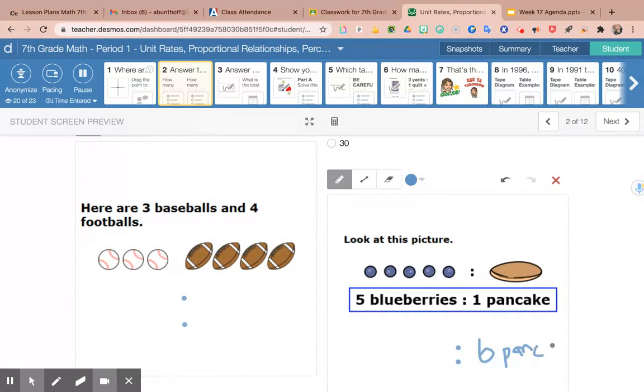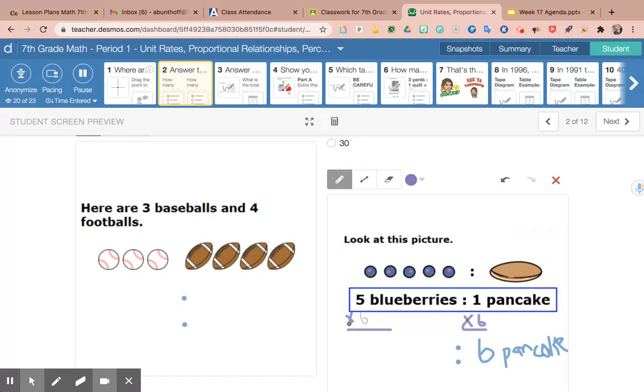Well, I can add this 1 6 times, or it's simply faster to multiply. So one pancake is 5 blueberries. So to go from 1 to 6, I multiply by 6. So whatever I do to one, I do to the other. So I'm going to multiply the number of blueberries by 6 because I have 6 times the number of blueberries.